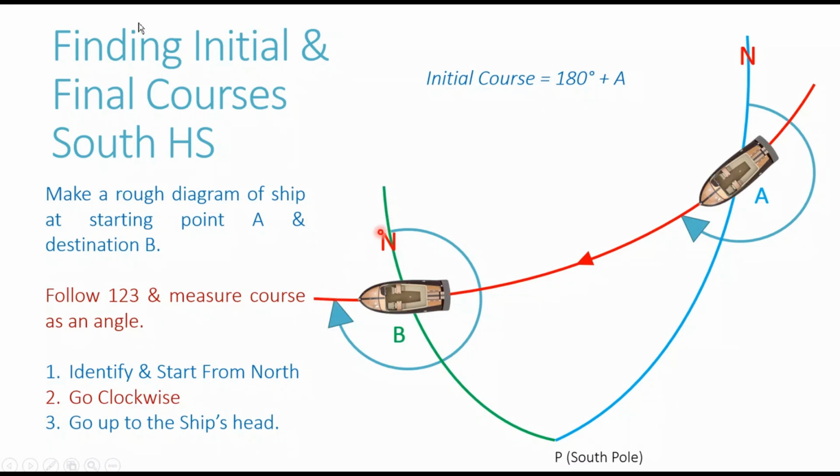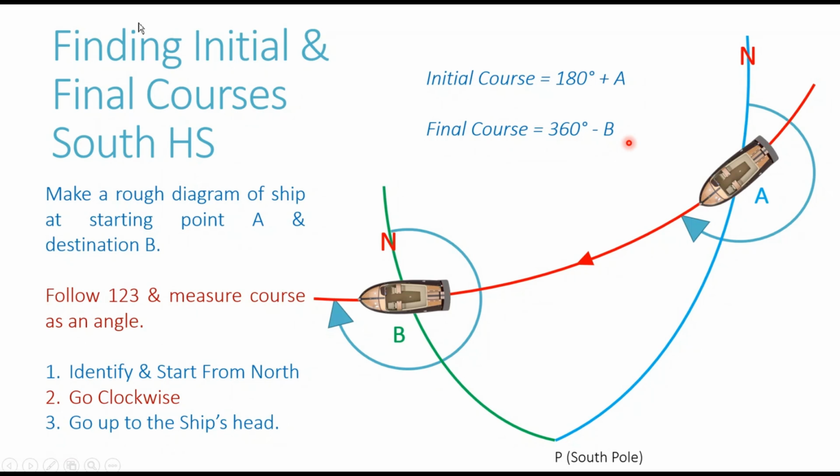Now, once I know this angle B, the required angle for me would be 360 minus angle B. The final course is thus given by 360 minus B.